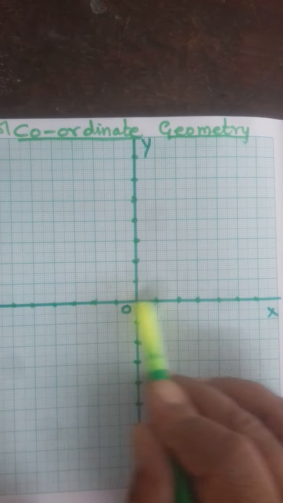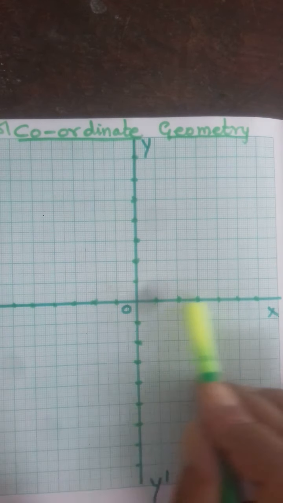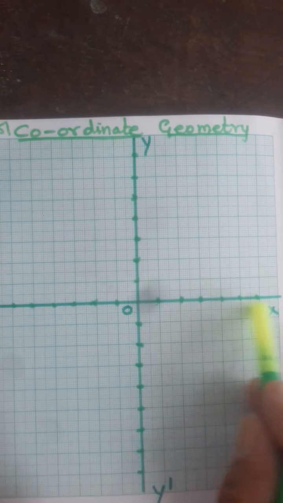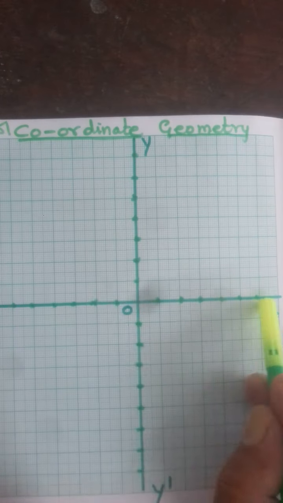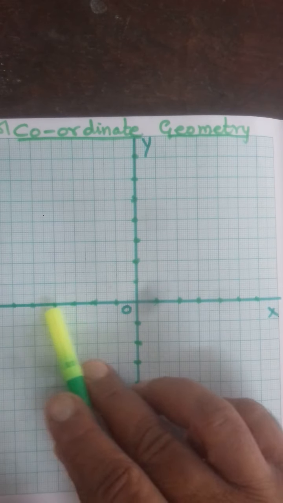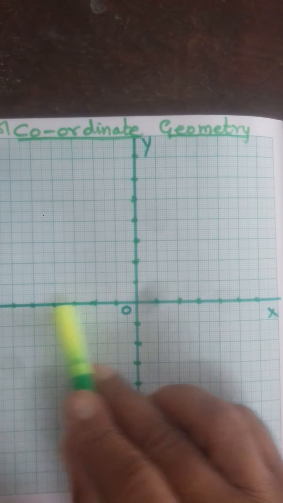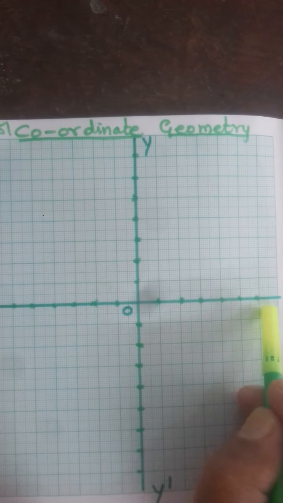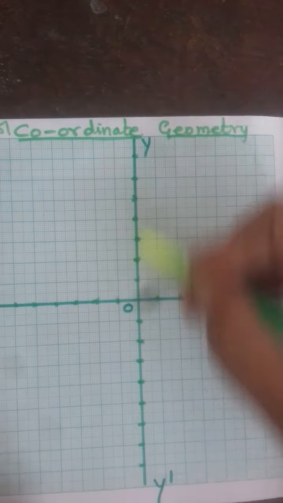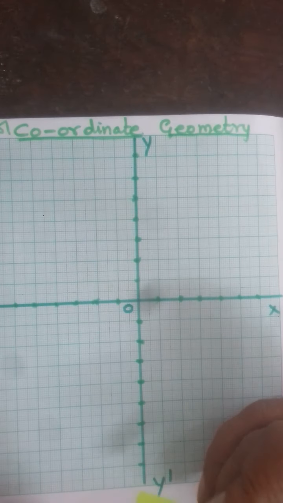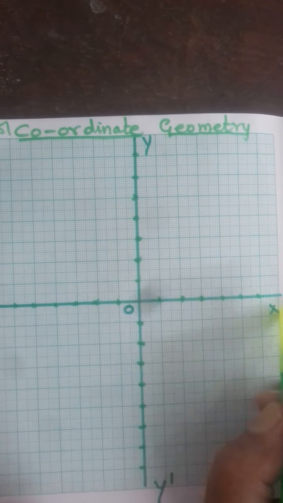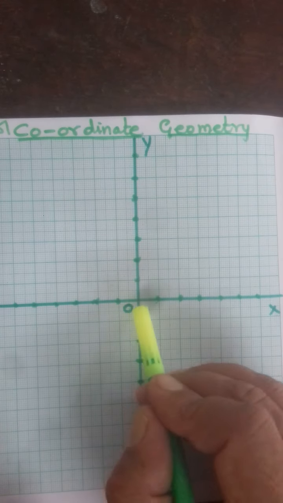The x coordinates of any point are called the abscissa. The y coordinates are called the ordinates. And the x-axis and y-axis intersect at a point.